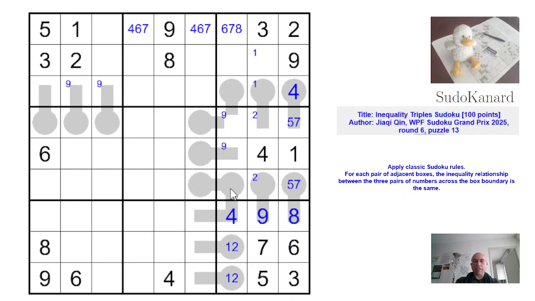And knowing that this is ascending, we have a 4-cell thermo here. Those 4 digits are ascending, which is very useful because now this must be less than 4, and actually I could have placed the 3 earlier, and this is from 1 and 2. All right.